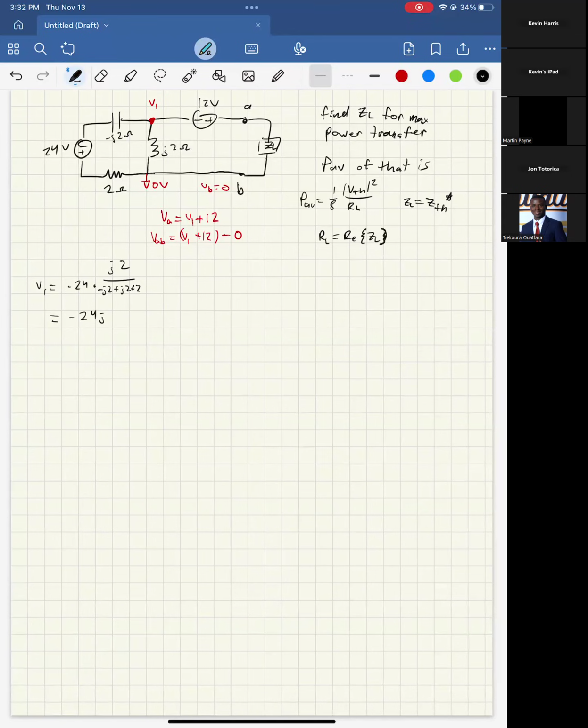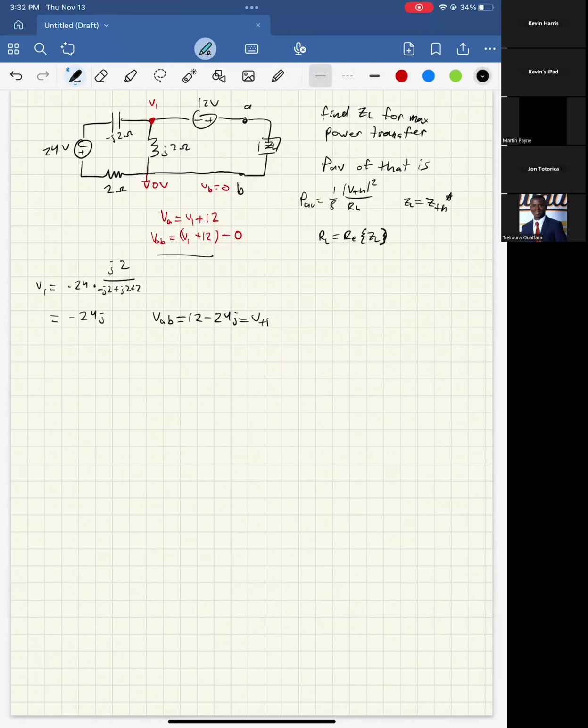It's pretty straightforward, I think. Then if we want to find VAB, remember VAB, as we wrote up here, VAB is going to be equal to 12 minus 24J. Cool. So we found half of our thing.